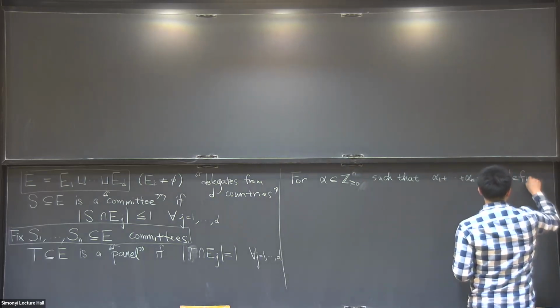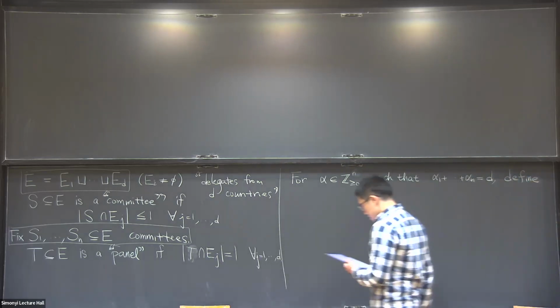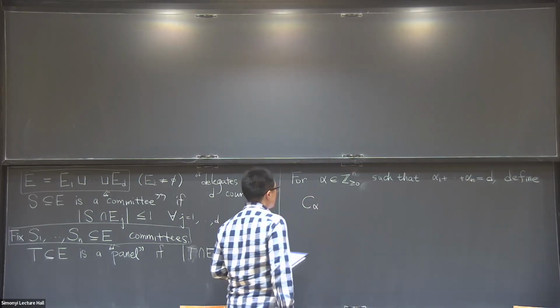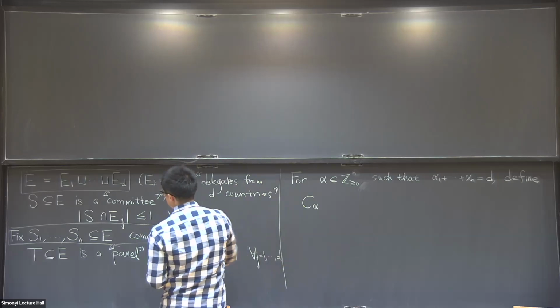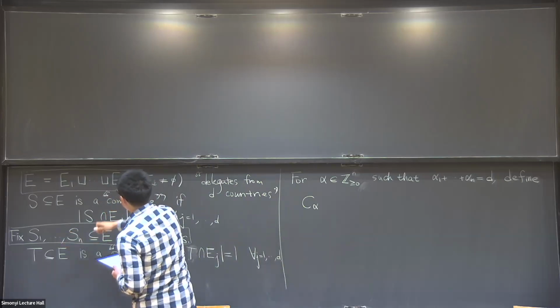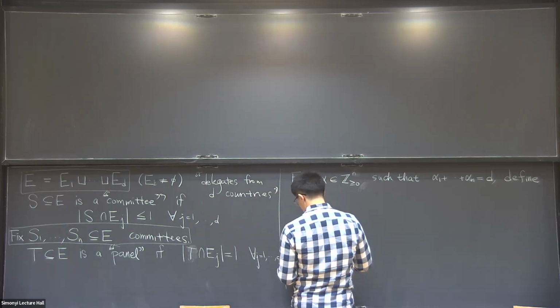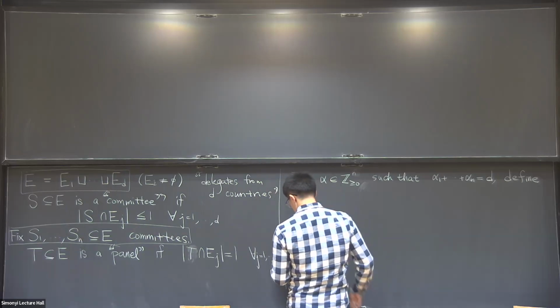Define the following quantity, denoted as C sub alpha. I mean, really it depends on the choices of S1 through Sn, given the partition, but I'll just suppress all those data and just call it C of alpha, depending on alpha.